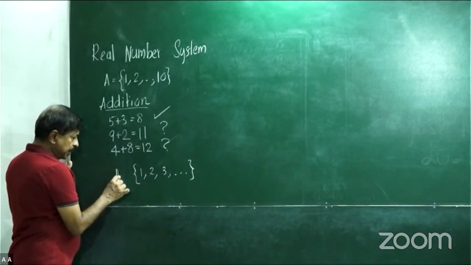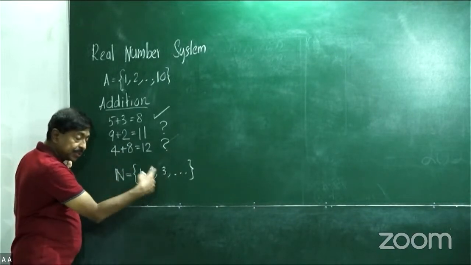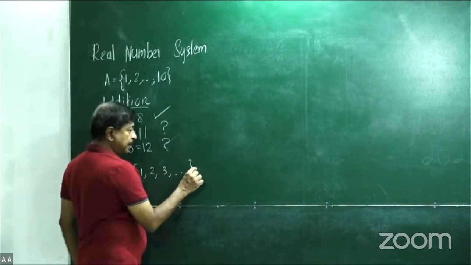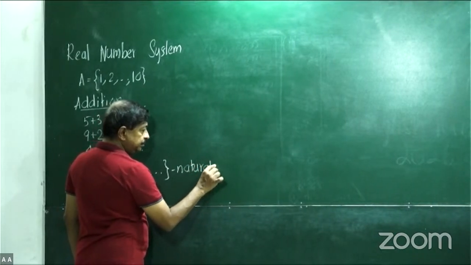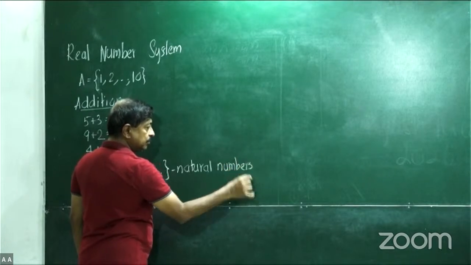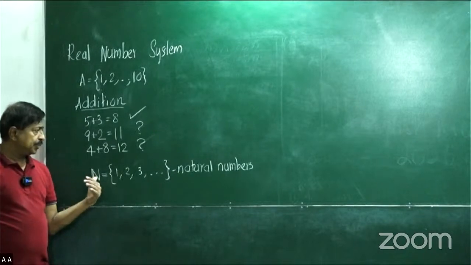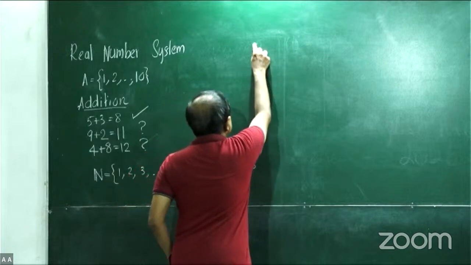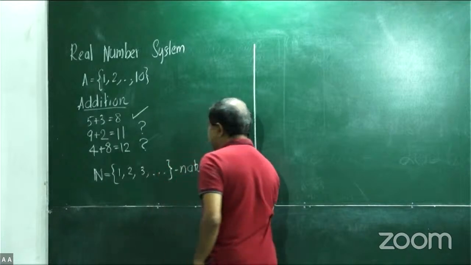These are called natural numbers, the set of natural numbers, denoted by N. However, in A levels, we usually don't use this notation. I'll come up with a new notation soon after, when I explain the next step.